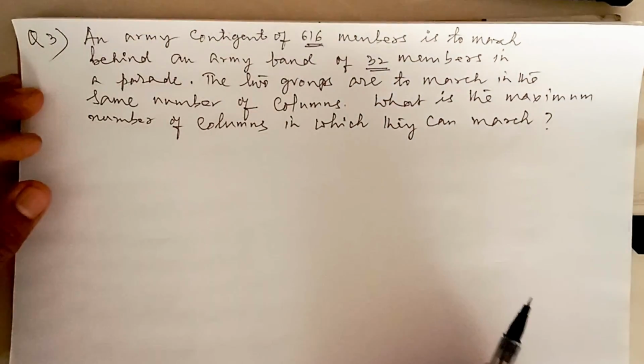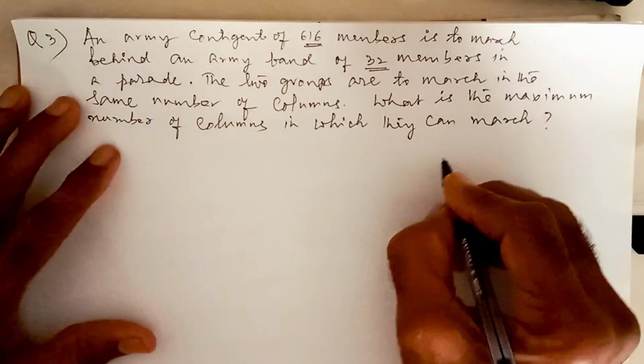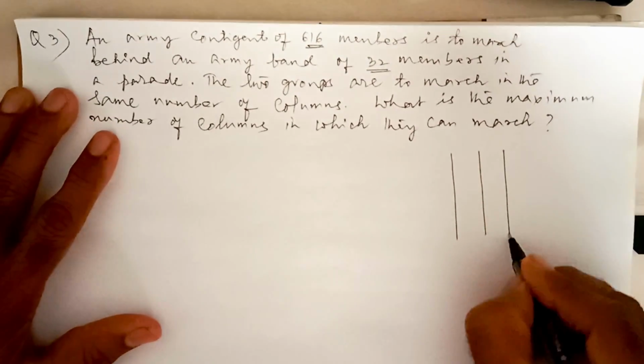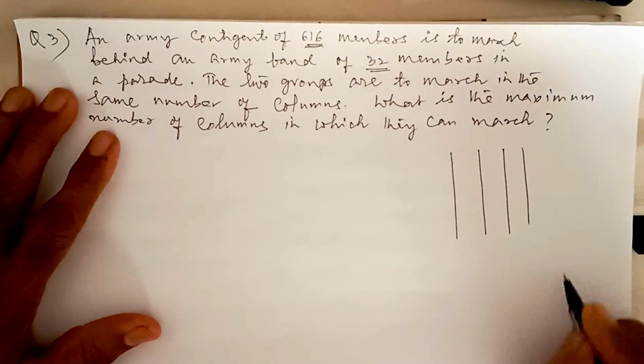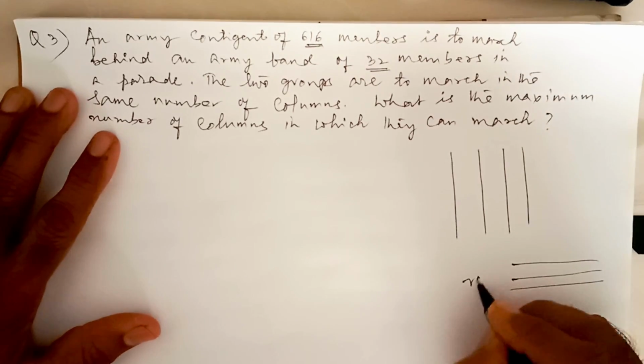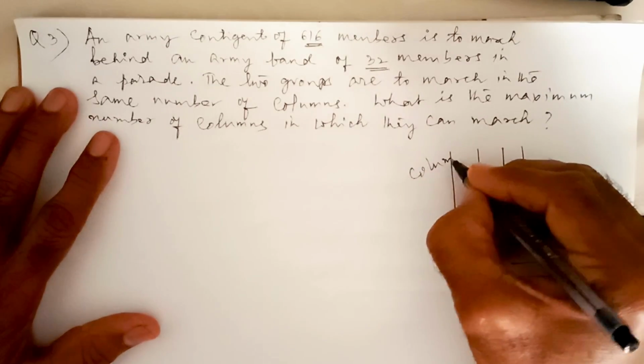They must march in the same number of columns. In the sense, what is a column? The one which goes from top to bottom. These are all the columns. And when it goes from left to right, they are the rows. These are rows, these are columns.